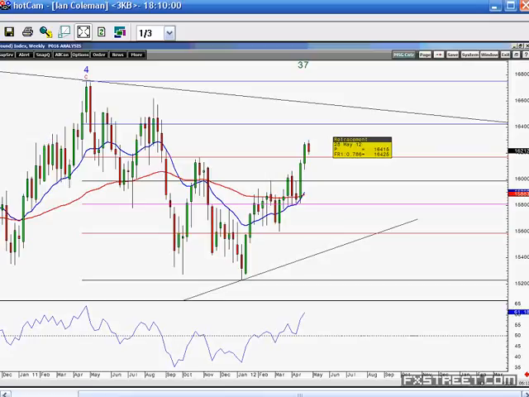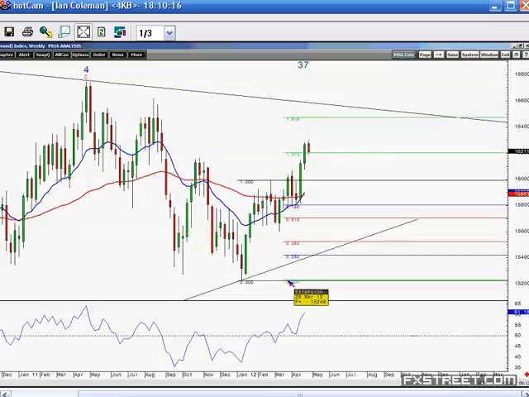Let's get rid of that one. Fib extensions: through 127, not reached 161.8%. So there's no reason, as far as fibs are concerned, that this upward bias should stop.